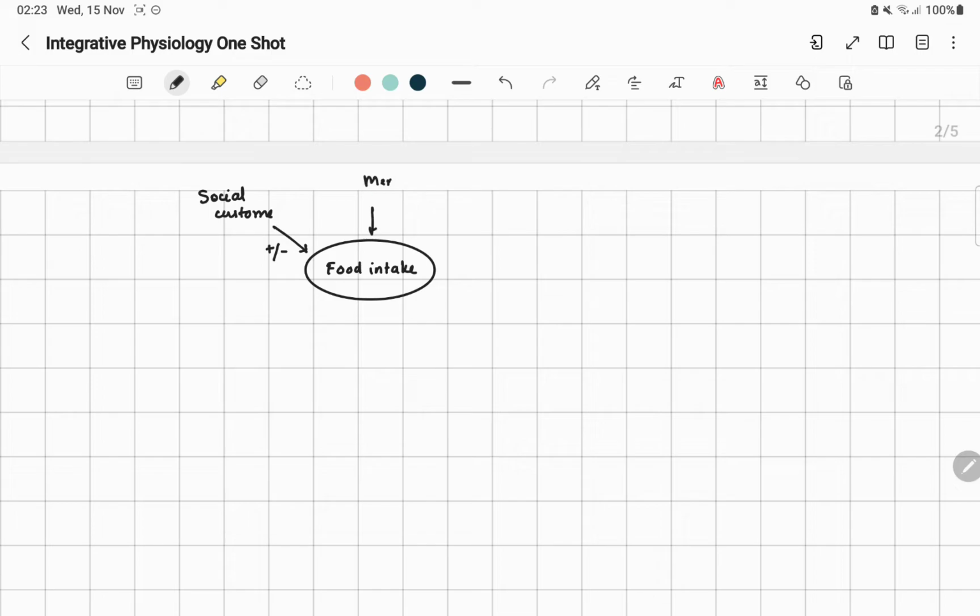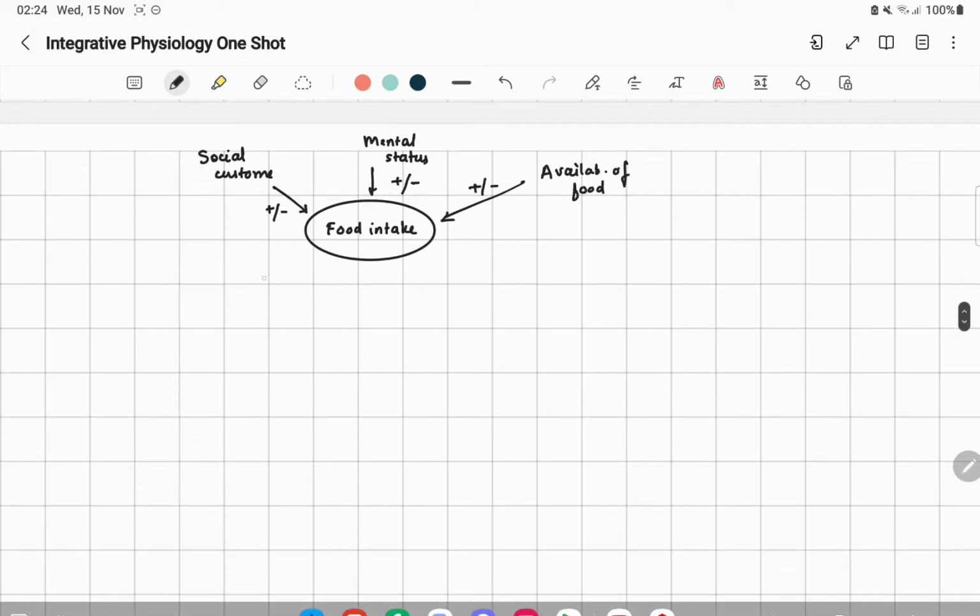The mental status of the person will increase or decrease food intake. Availability of food also matters: if there is more availability, the person will tend to eat more.